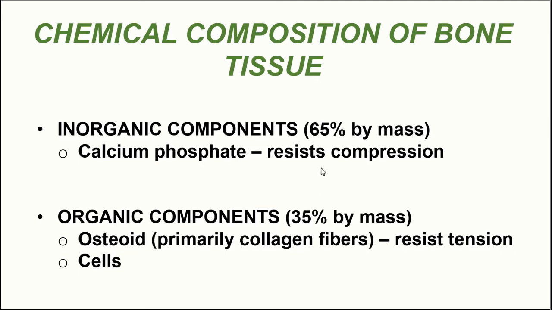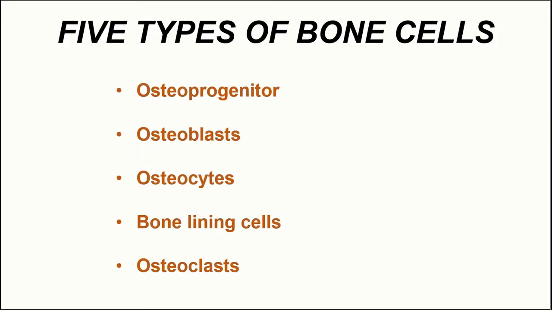And so bone can resist both compression and tension. Bone tends to be a lot better in compression than in tension, but the collagen fibers do help the bones resist tension and be somewhat flexible. The remaining organic components are the cells, which we'll look at in the last part of this lecture module.